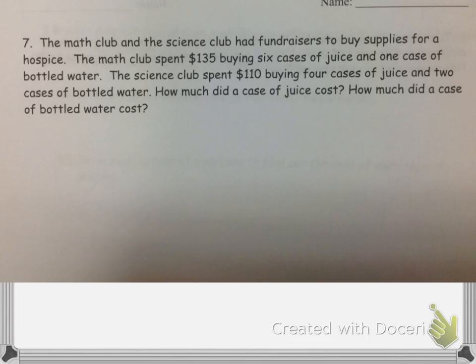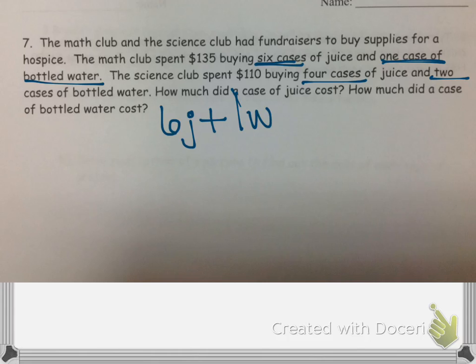All right, the Math Club and Science Club had a fundraiser to buy supplies for a hospice. The Math Club spent $135 buying 6 cases of juice and 1 case of bottled water. The Science Club spent $110 for 4 cases of juice and 2 cases of bottled water. So we've got 6 cases times the price of the juice plus 1 case of water times the price of the water is equal to the total amount spent.